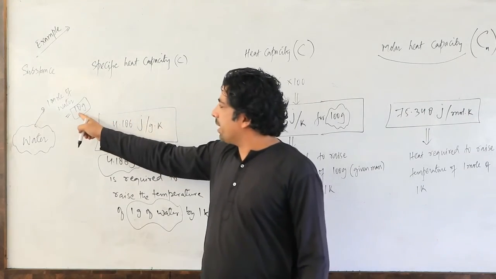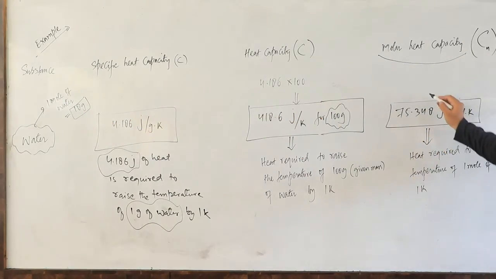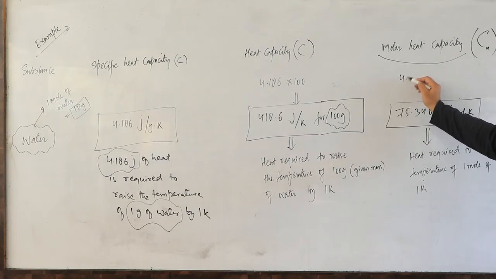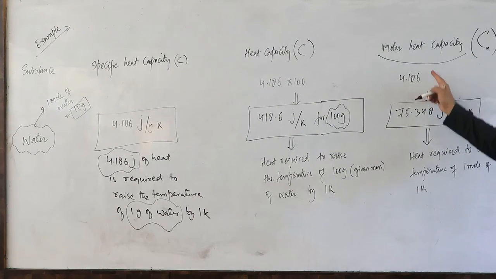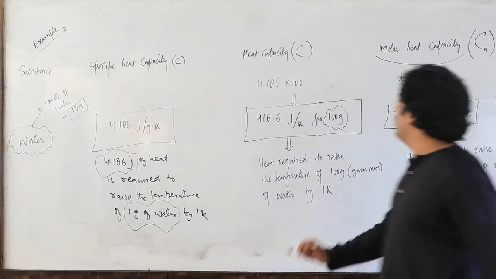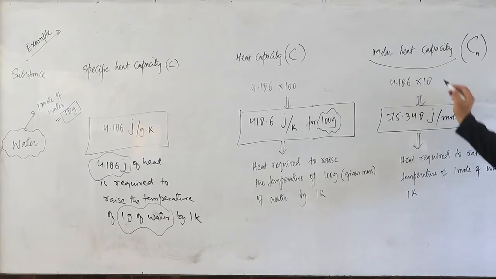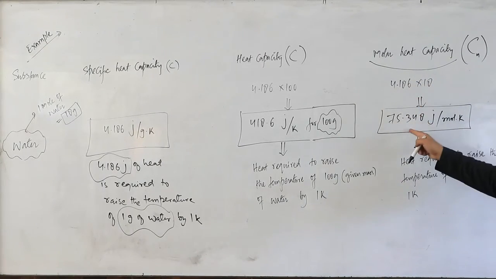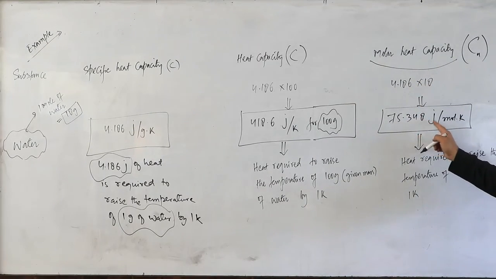So for 18 grams, how much is required? This expression will come from 4.186 joules, this energy is required for 1 gram. But 1 mole of water is equal to 18 grams, so I will multiply it by 18. So this will be the outcome: 75.348 joules per mole.